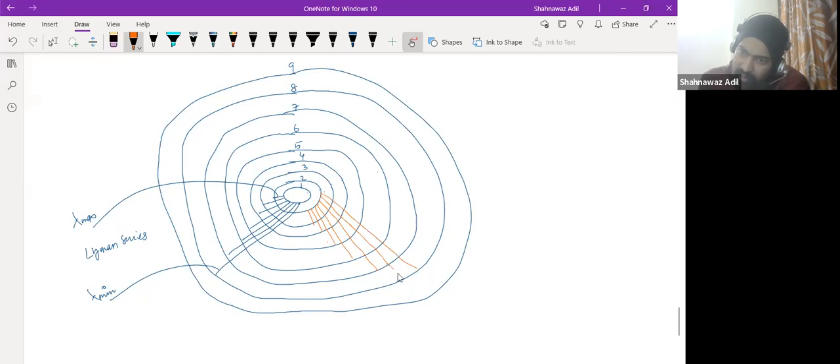So this would be lambda maximum, and this is lambda minimum, and this is the Balmer series.